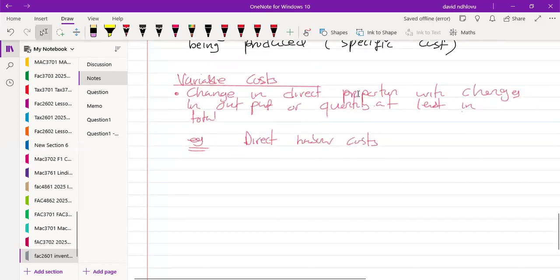Now, the direct labor cost is the cost of the employees who operate the machines. These are people who are directly involved in production.